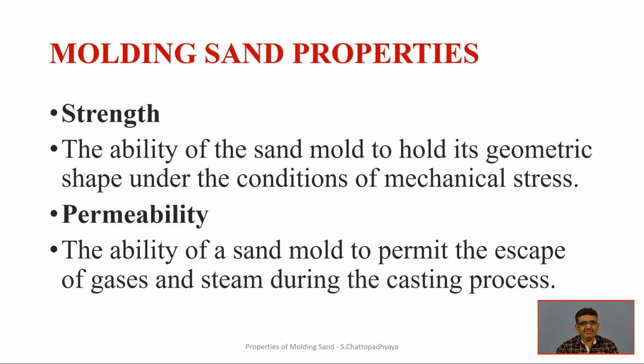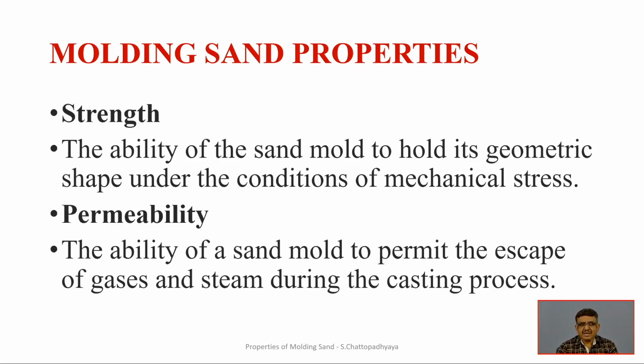We need first of all the strength, because it has to retain its shape even when the molten metal is poured into it, with maybe a little bit of extra turbulence of the molten metal, and they should not jeopardize the intricate parts of the molding sand.